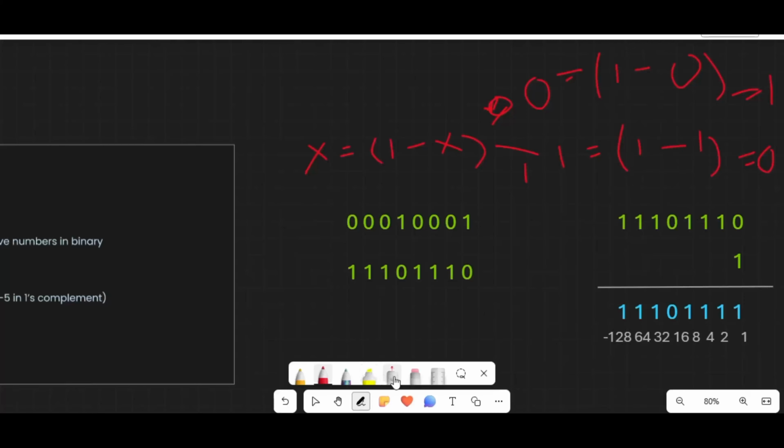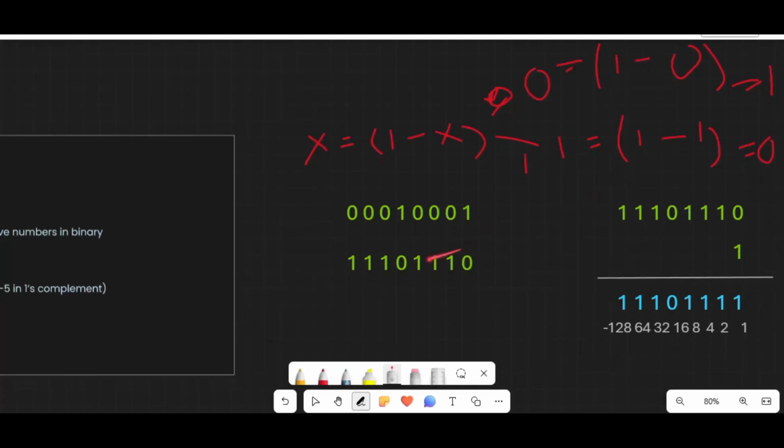That means if we have 0, you convert it into 1. If we have 1, you convert it into 0. This is the basic concept of one's complement.